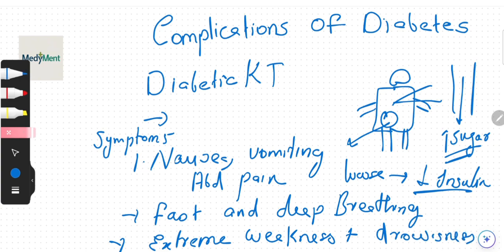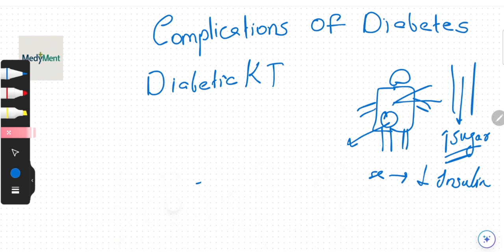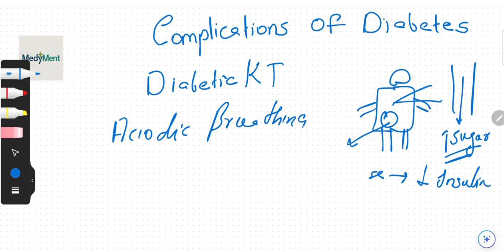These are the main symptoms. One key feature, the hallmark feature, is acid breathing. What we can see is a fruity, sweet breath.